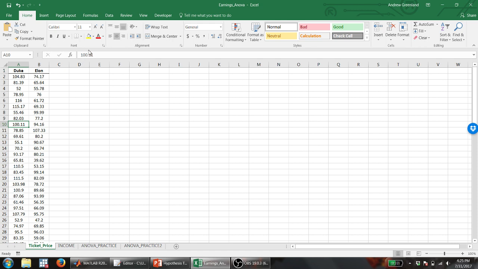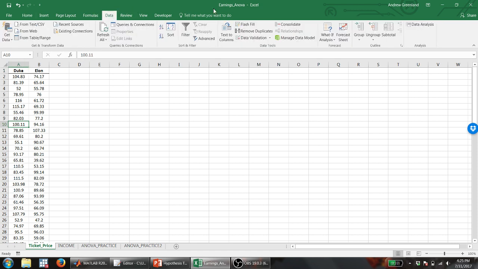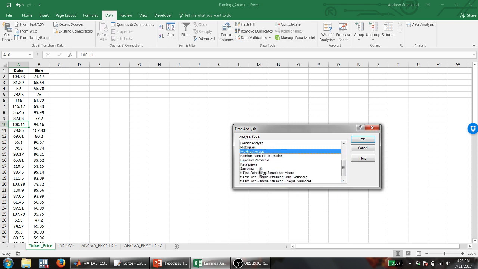So the way I'm going to do this is I'm going to go to Data and Data Analysis. Once I've got Data Analysis here, I'm going to scroll to the bottom, and we're going to see a variety of hypothesis test options. Notice here we have one option that says z-test for sample means. This, again, is assuming we would have knowledge of the population standard deviations, which is a relatively strong assumption to make.